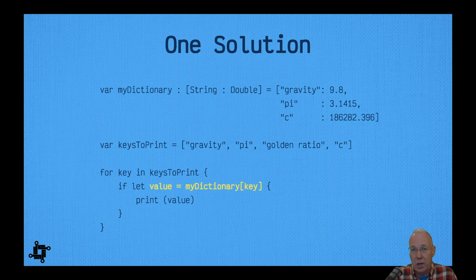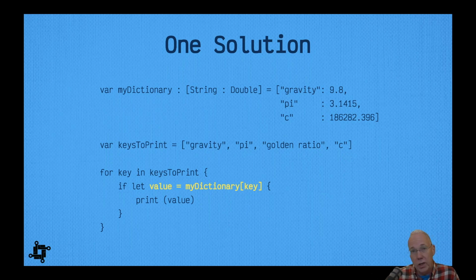So this is one potential solution. In this solution, we're saying, well, for key in keys to print, so that's like a cool shortcut in a for loop where we can say, every element in here as we iterate through it is going to become the value of the variable key. So this is going to start out at gravity, then go to pi, then go to golden ratio, and then go to c.